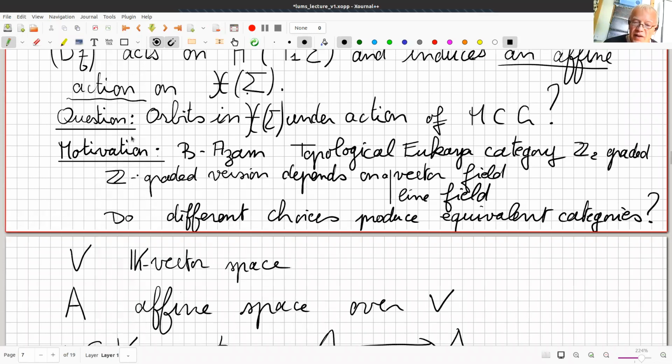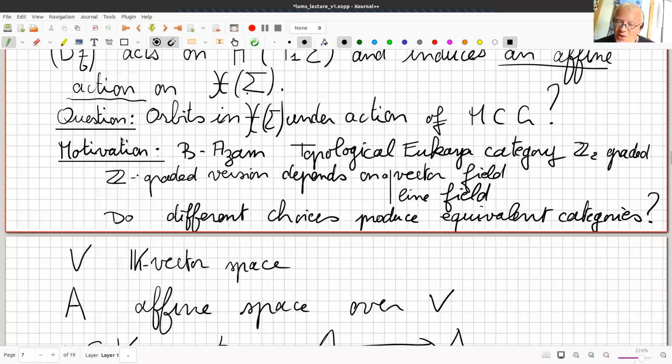What do you mean by Z2 graded versus Z graded version? When you construct this kind of gadget, which is called the Fukaya category, you are producing a graded category. This means each object has a certain degree, and you can have either degree 0 or 1.